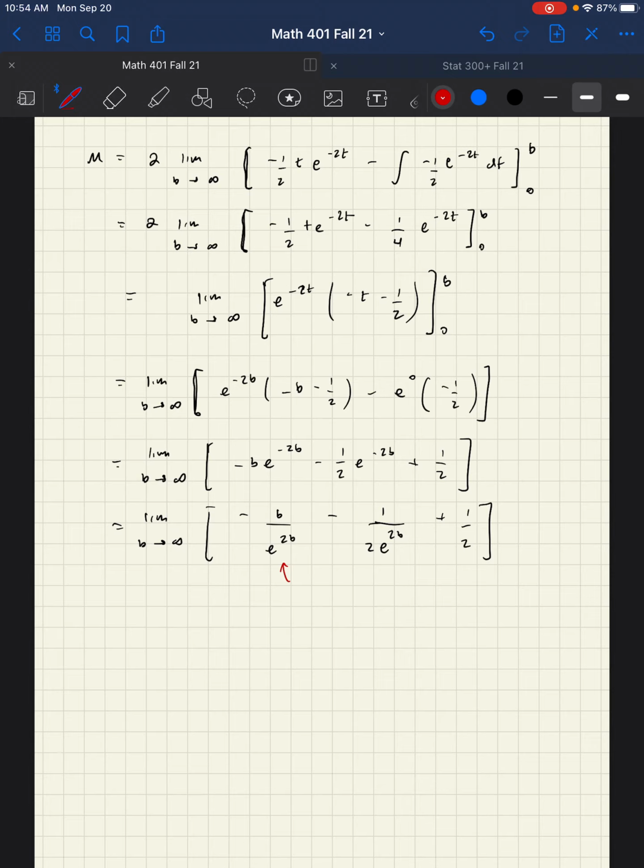That'll make it easier to see what's going on once we take the limit. So in the limit, this is an indeterminate form because we get infinity over infinity. We're going to need to use L'Hopital's rule. This term goes to 0, and this term stays the same.